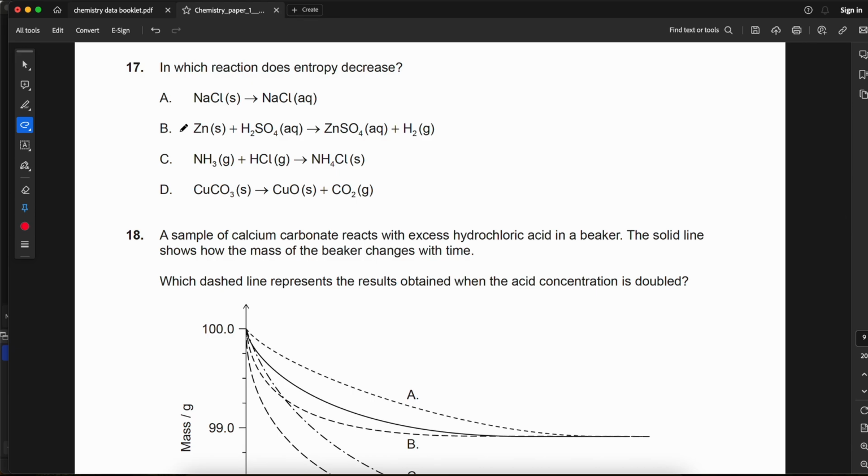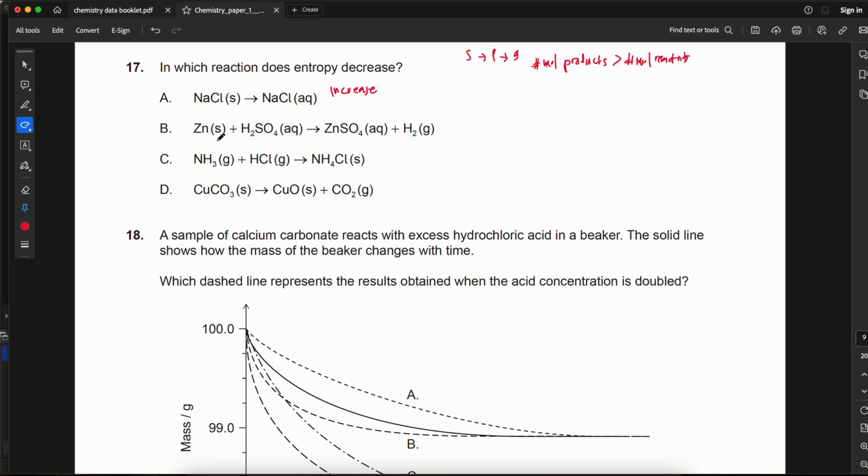In which reaction does entropy decrease? So going from solid to liquid to gas, entropy increases, or when the number of moles of product is bigger than the number of moles of reactants, it also increases. So solid to aqueous, it increases, or liquid or aqueous, increase.